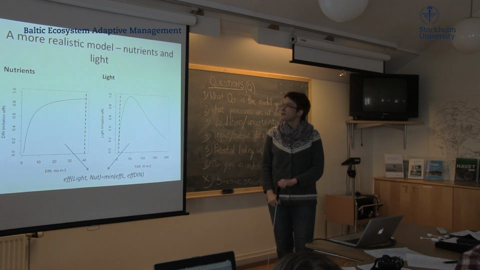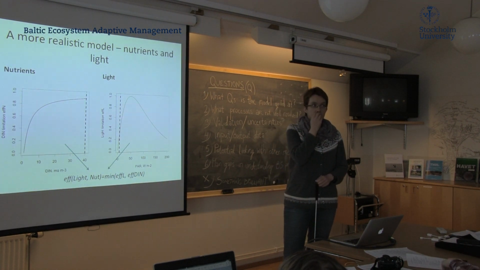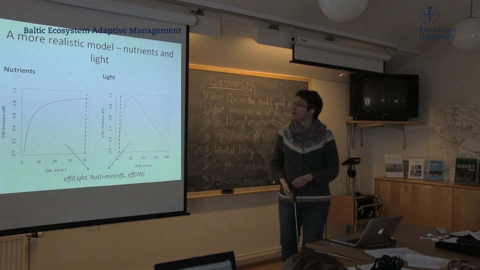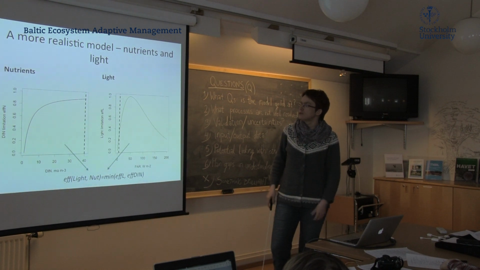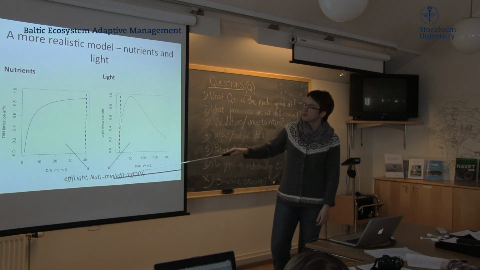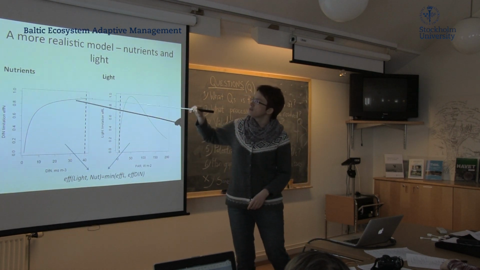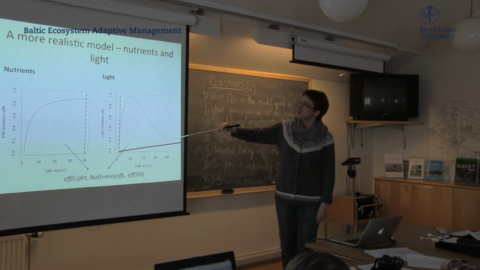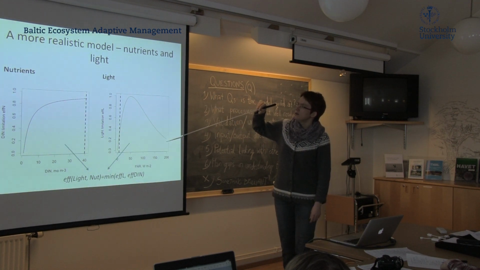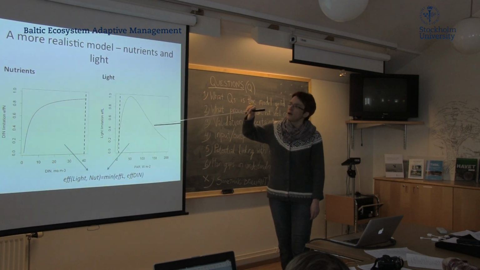For example, more realistic is to say that phytoplankton is limited by both nutrients and light. And many models combine limiting effects of two factors just by taking the minimum of each. So similar to our nutrient limitation factor, you can derive a light limitation factor, and typically those curves have a maximum and then they decline again, because if there's too much light, your phytoplankton is going to die.